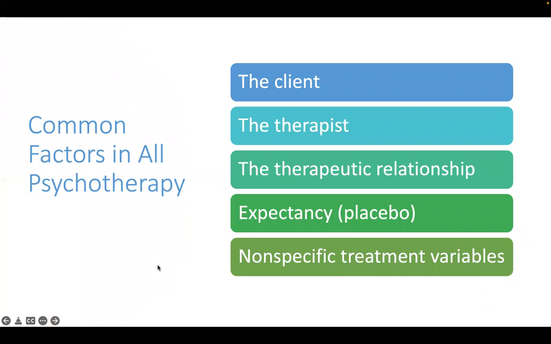So when you look at all of therapy, like I said, there's the client, the therapist, the therapeutic relationship, expectancy, and then non-specific treatment variables. These are essentially the extra-therapeutic stuff, where when we think of the treatments, the specific techniques and interventions, it's stuff outside of that.